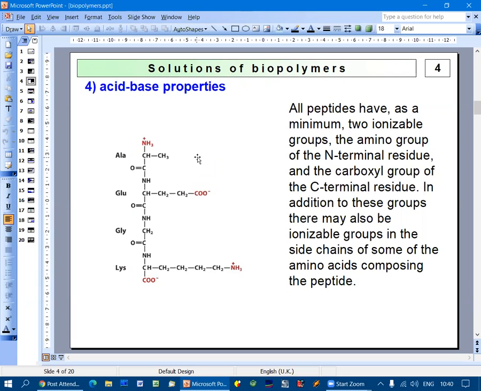But the side chain can consist of any acidic or basic centers, like carboxylic group in glutamic and aspartic acid, like amine group, or a basic heterocycle, like in molecules of lysine or arginine, and so on. And of course, the whole charge of protein will depend on ionization of such functional groups.